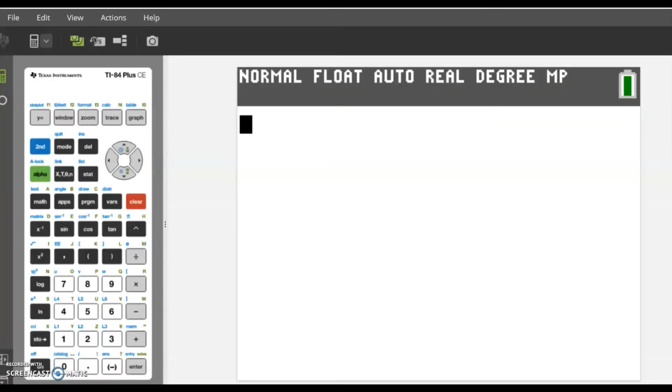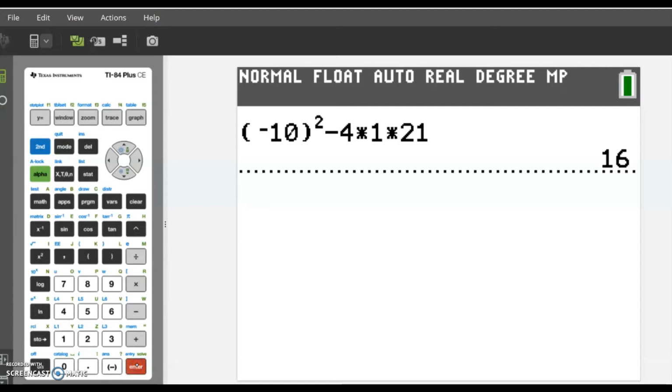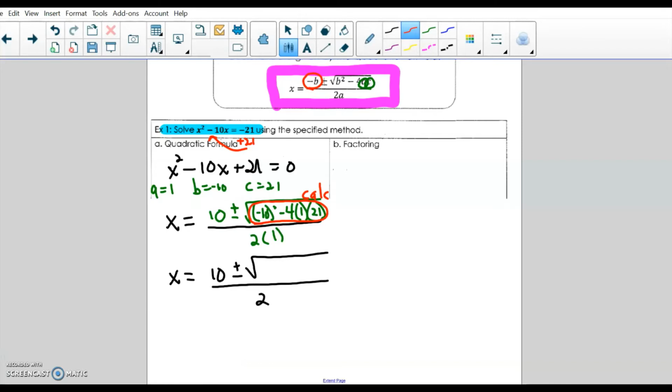So we have negative 10 squared minus 4 times 1 times 21. So we get 16 out of all of that. So underneath the radical now, we just have 16.